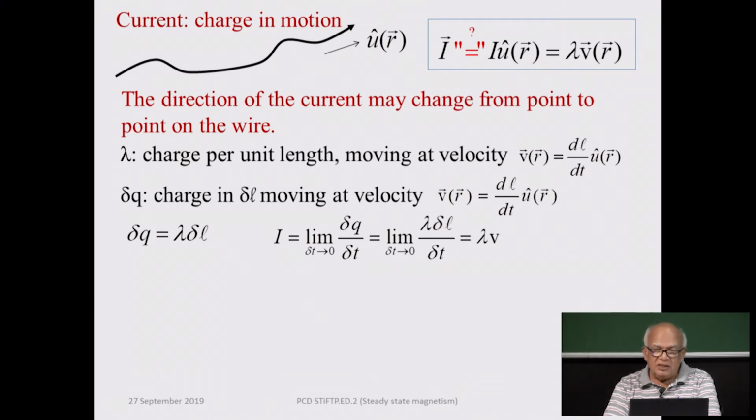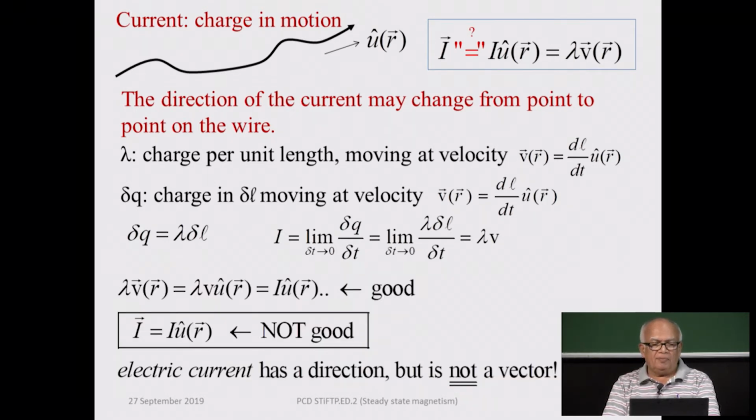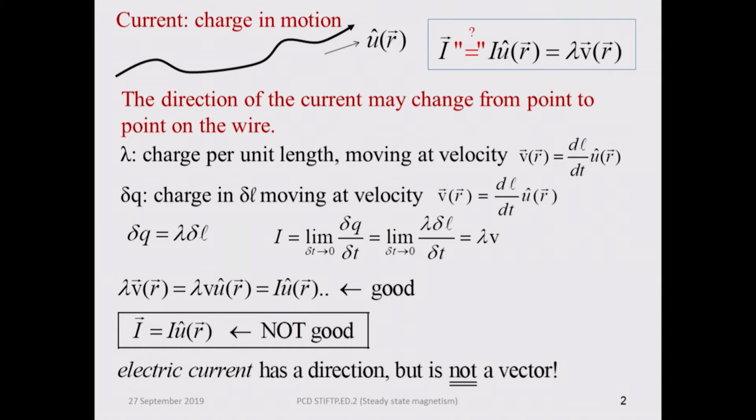The charge density times the length segment is the total amount of charge in a particular length segment, and the current is then dq by dt, delta q is lambda delta L, and delta L by delta t is what constitutes the velocity of the motion. So, this is fine, so far so good. And then you can write, using the direction of the velocity, lambda times v velocity vector as lambda v times the direction of the velocity, the unit vector.